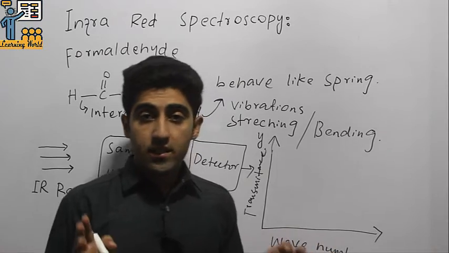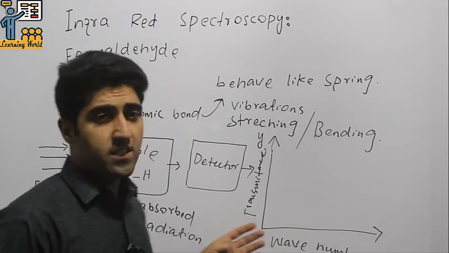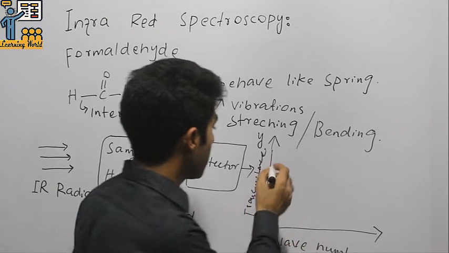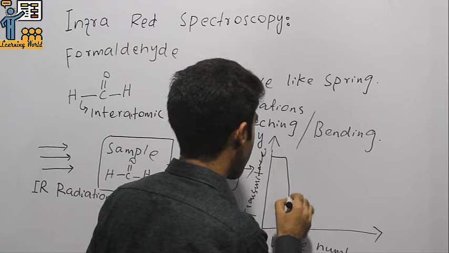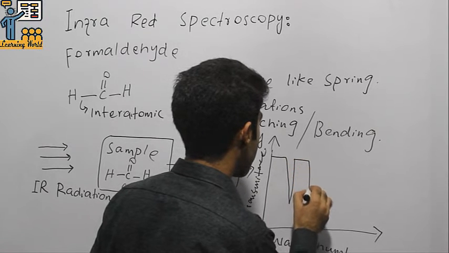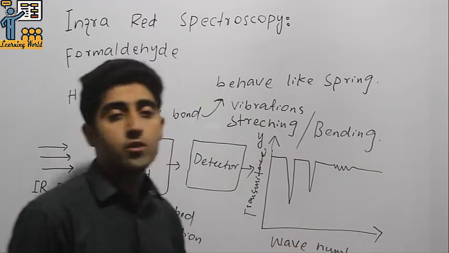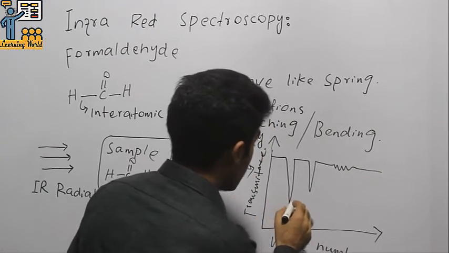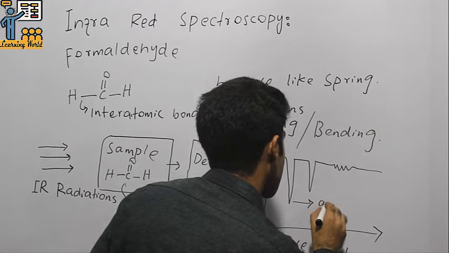Here a straight line will show the transmittance of formaldehyde or the sample. This type of peak will be produced. This peak will represent the absorbance.